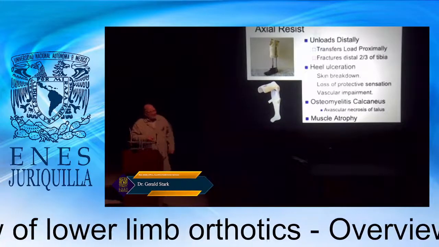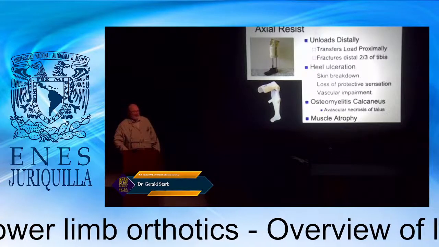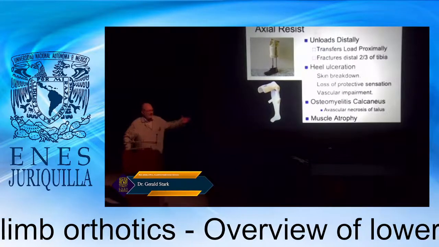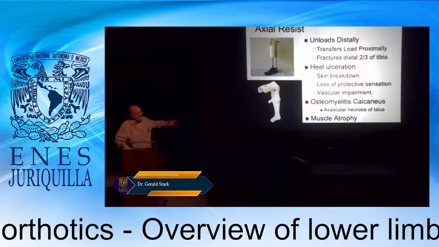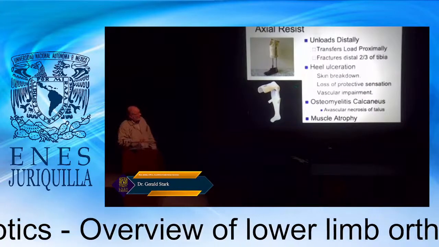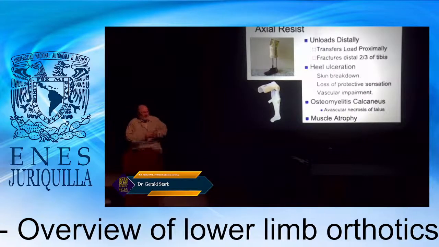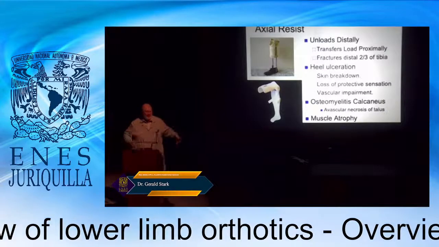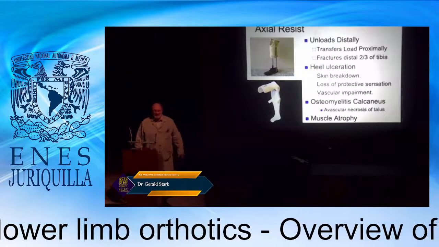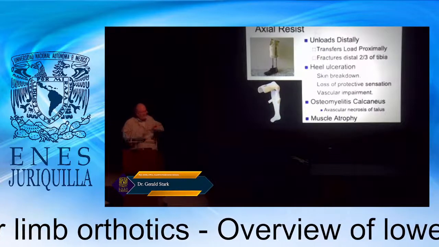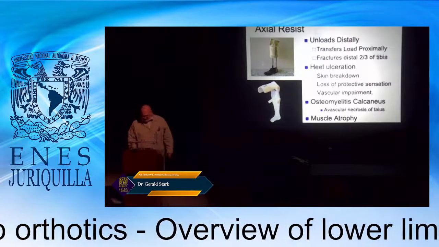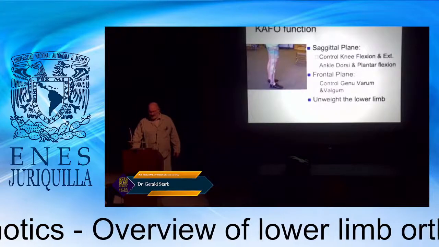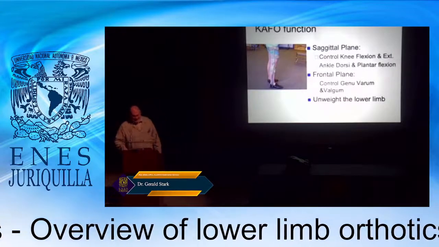They would use it to accommodate heel ulceration. So if they got a surgery or if they're a diabetic and had a heel ulceration or skin breakdown, this would help lift them up. But if you didn't achieve your goal, or if the patient had maybe obesity, you couldn't lift them up enough, and this really didn't function.